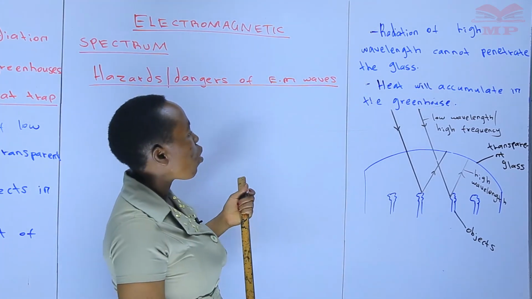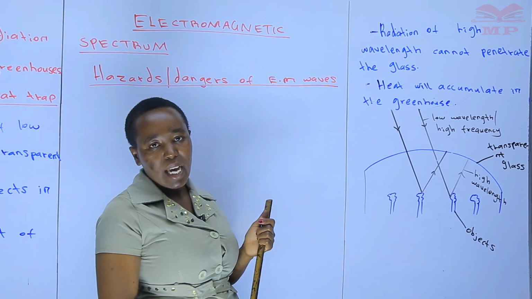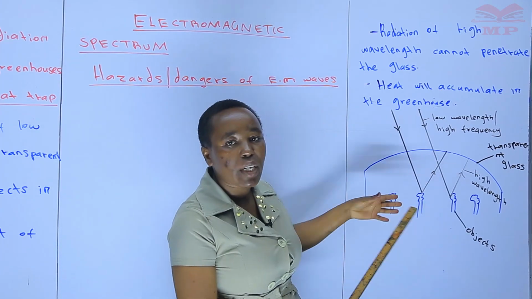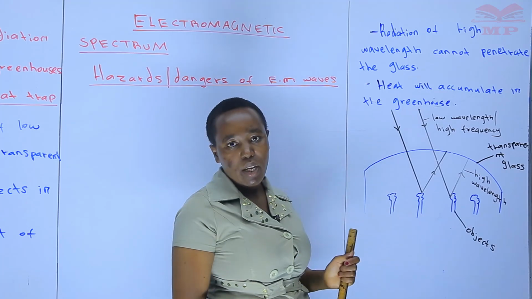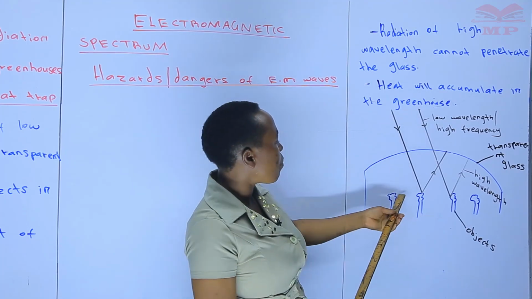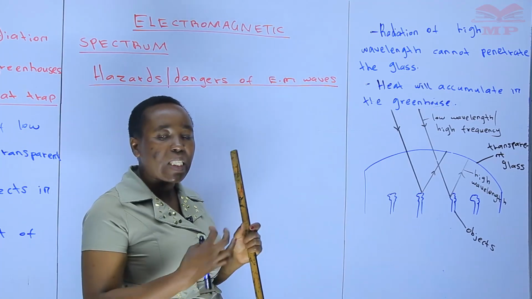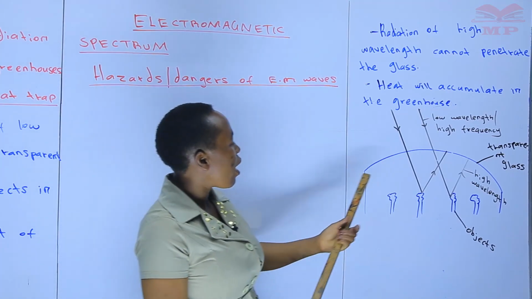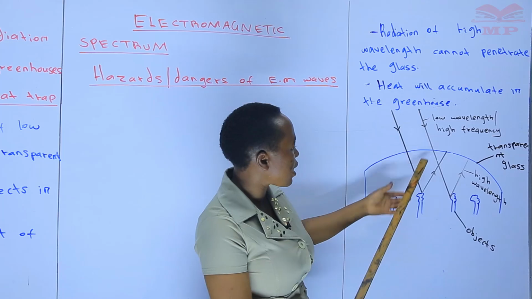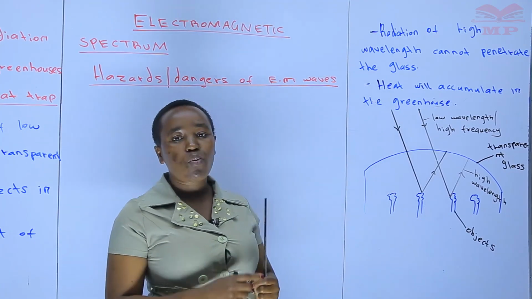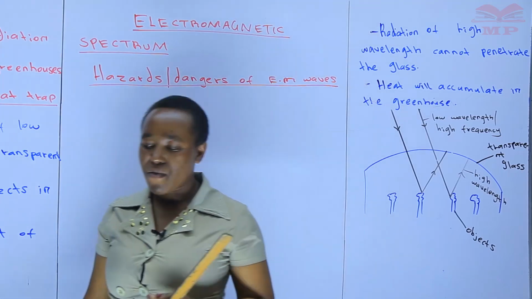And this is what we call the greenhouse effect. And that is why flowers which are grown in a greenhouse grow at a faster rate because of the heat that is trapped in the greenhouse as a result of what we have explained. So this is the heat trap, which we refer to as the greenhouse effect.